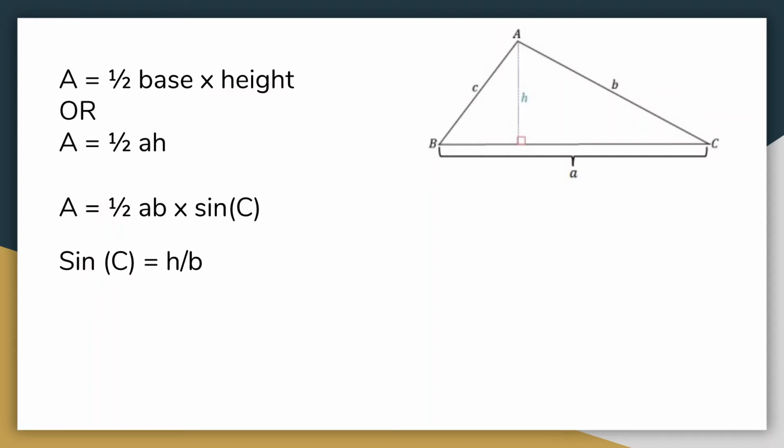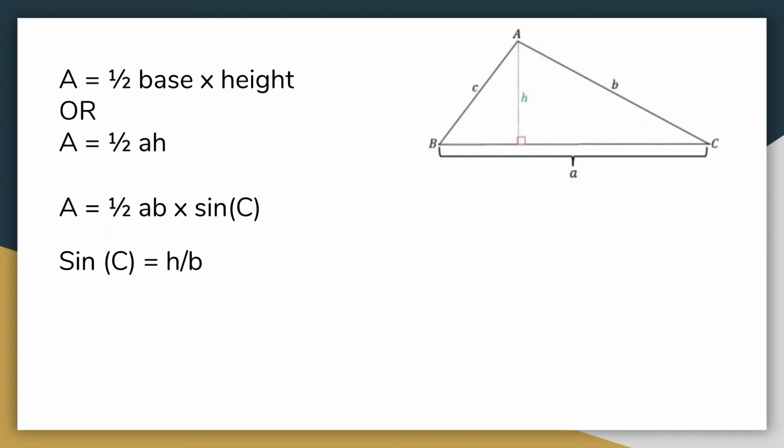We know that 1/2 is just 1/2, and in this case we would know what A, or the base, is. This is if we don't know the height. To get the height as another value of two things that we do know, we can look at the sine of the angle C, because we would know what C is, and we would know the value of the variable B. So we can set this up as sine of C equals H over B, because sine is opposite over hypotenuse.